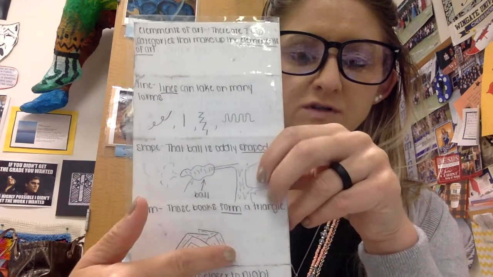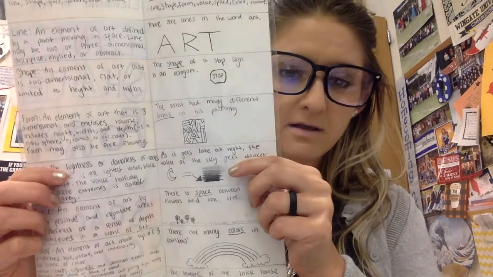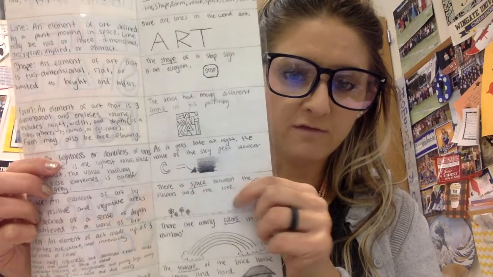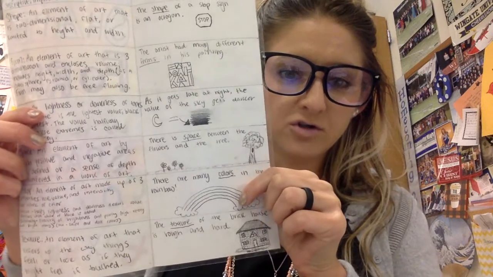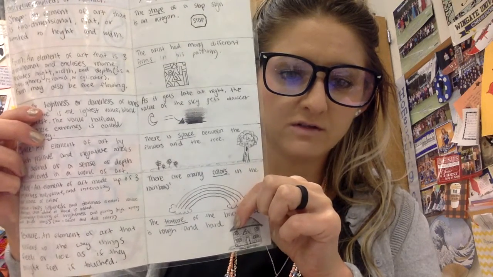Those books form a triangle. So see how she's broken it down and used that word, and they underline the word that they used. Let's see if she's got any examples. Good. Yeah, as it gets late at night, the value of the sky gets darker. There is space between the flowers and the tree. There are so many colors in the rainbow. The texture of the brick house is rough and hard.